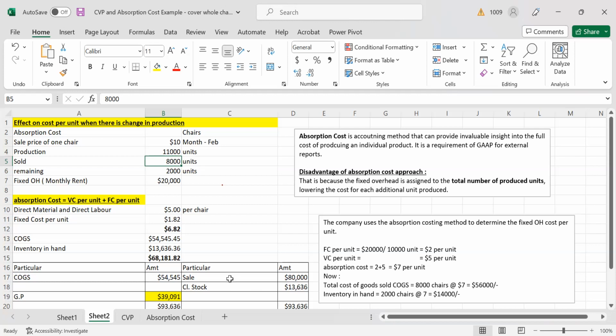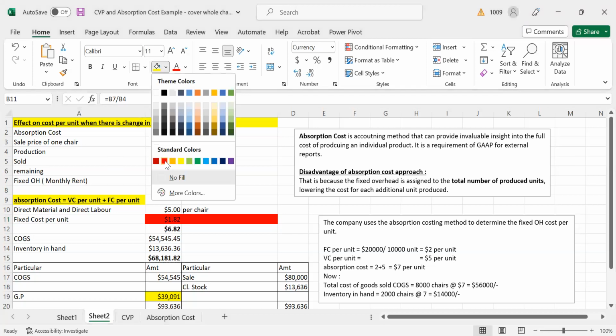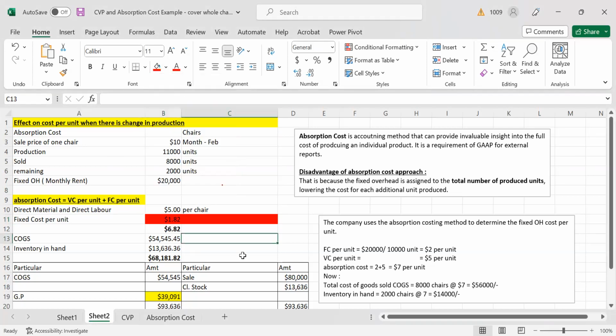And also you can see the unit fixed cost changed. Why has this changed? I'm just putting this one in red color. Look at this. Why has this changed? 1.82, right? But it is fixed. We know that the rent of the building is fixed at 20,000, but now this is going to change.